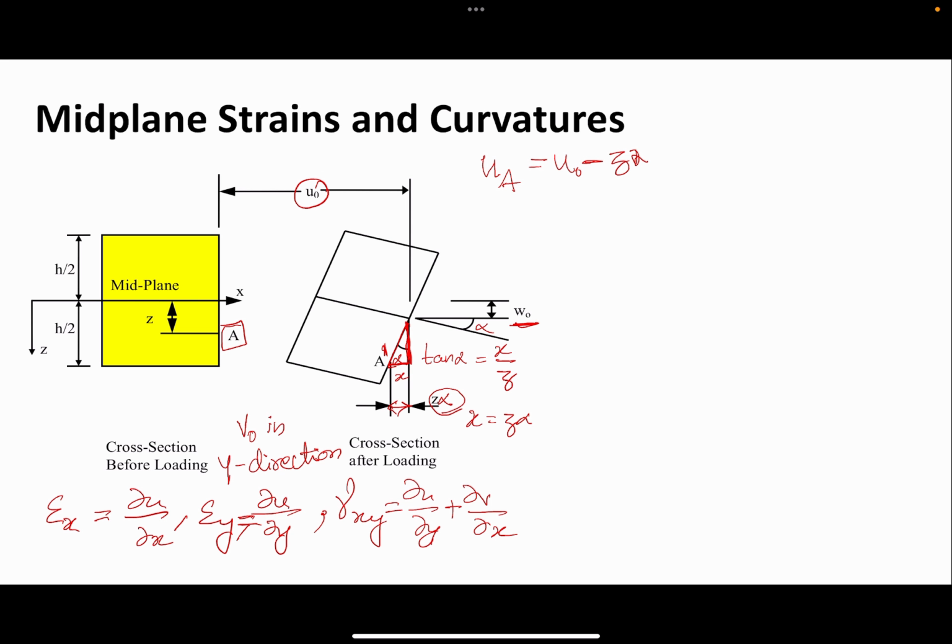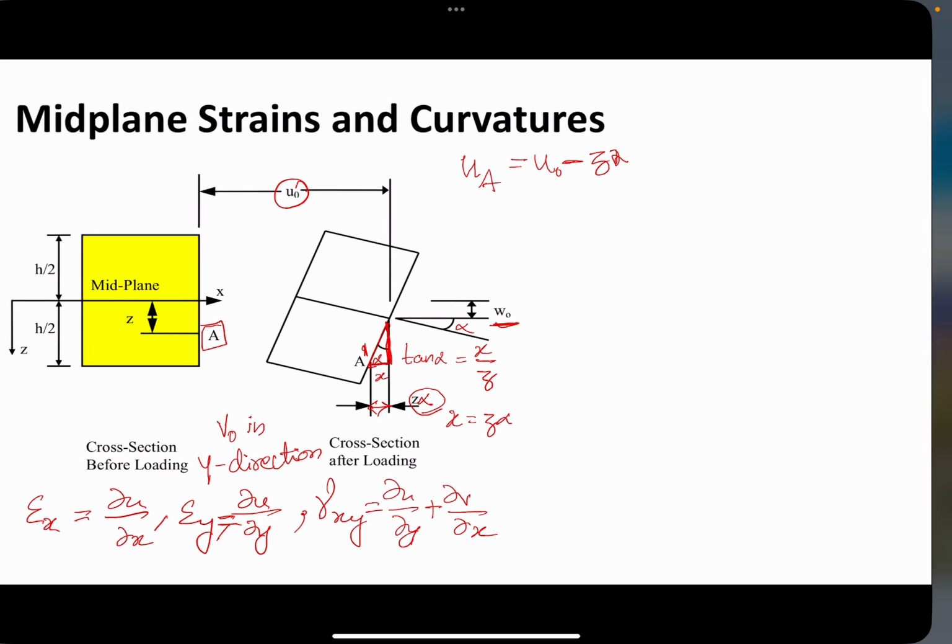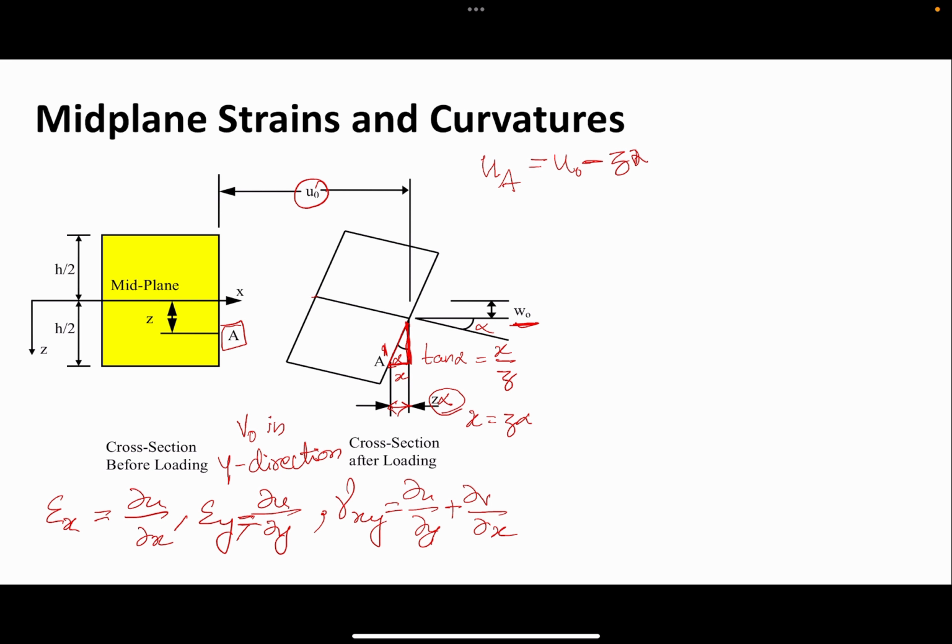And then what is alpha? If you think about it, the mid plane has moved or rotated. This angle is the angle between the horizontal and the vertical. Basically alpha is the slope of the moved midplane.